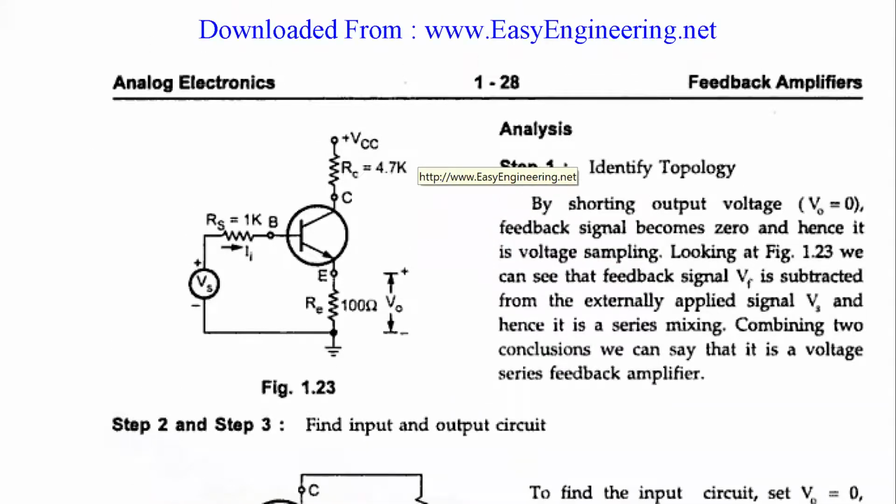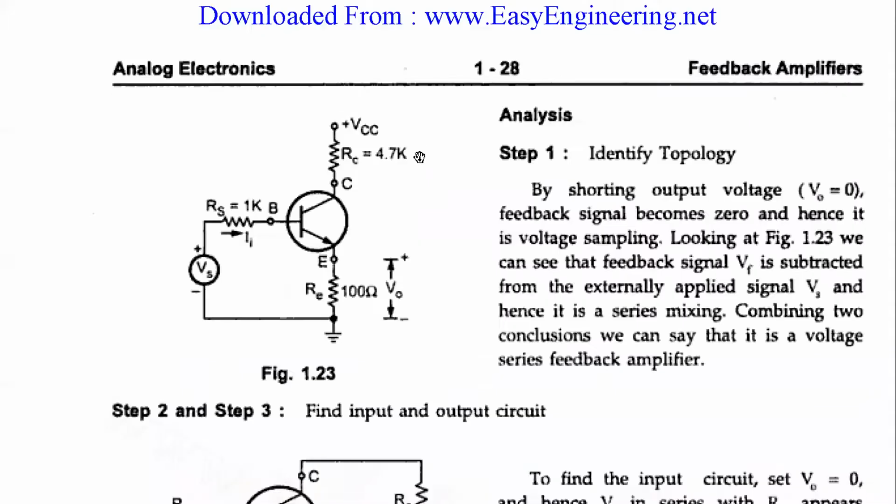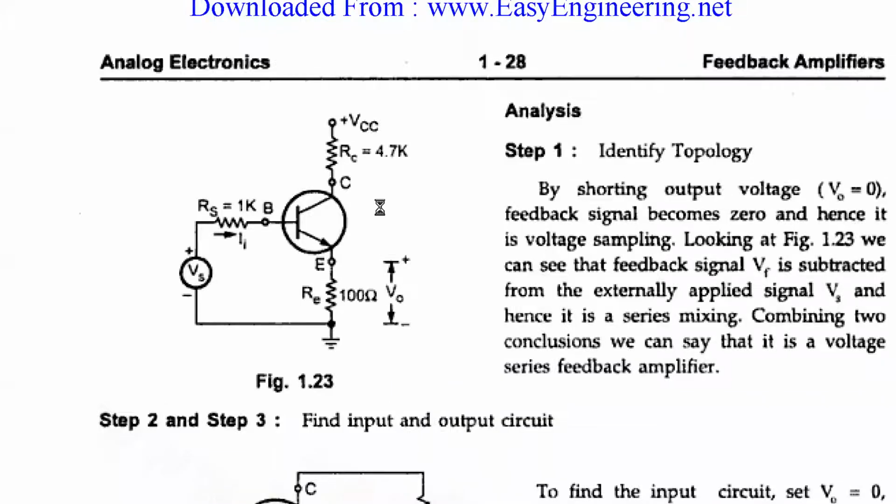They will give you some circuit, and they will say identify the feedback topology. Meaning, in this circuit, do we have voltage series feedback, current series feedback, voltage shunt feedback, or current shunt feedback?